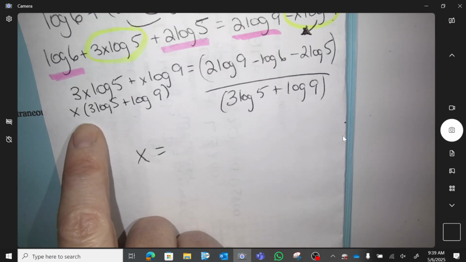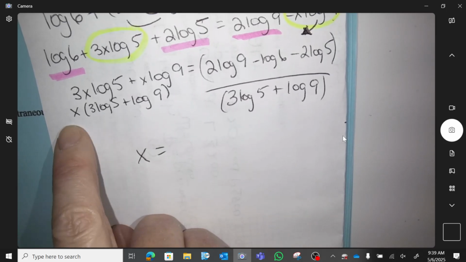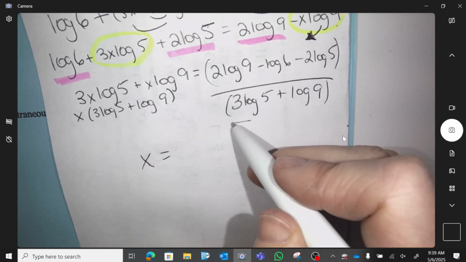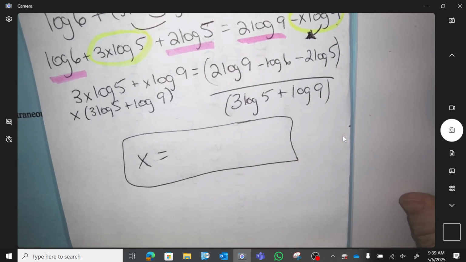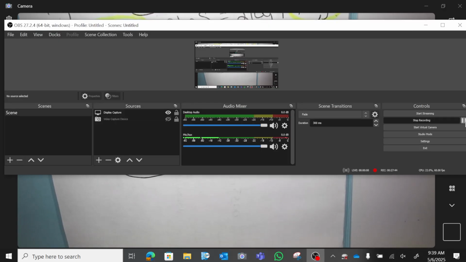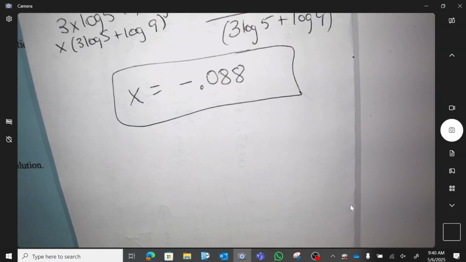Okay, so once you've GCF'd the x out, you're gonna divide, and I need a 3 decimal answer out of that from your calculator. Okay, 3 decimal rounded answer is -0.088.